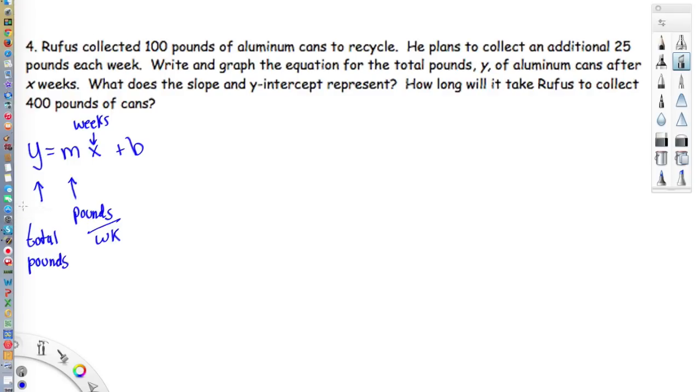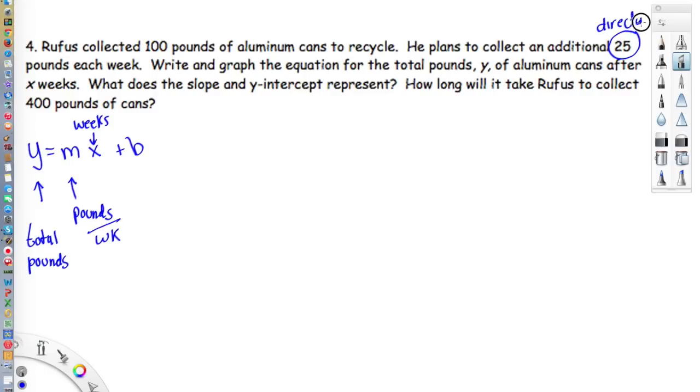Well, first of all, I wrote down our slope-intercept form here, which is y is equal to mx plus b. M is our slope, b is our y-intercept, and they tell us that y is going to be our total pounds of aluminum collected. Our slope is 25. That's the increase.